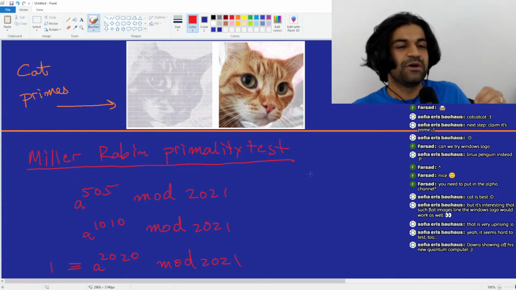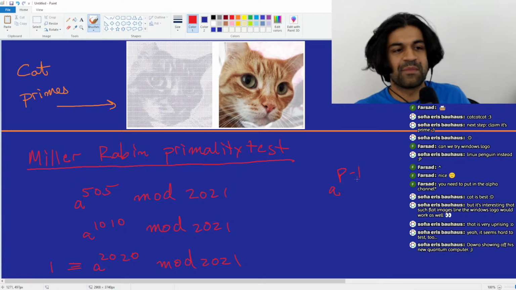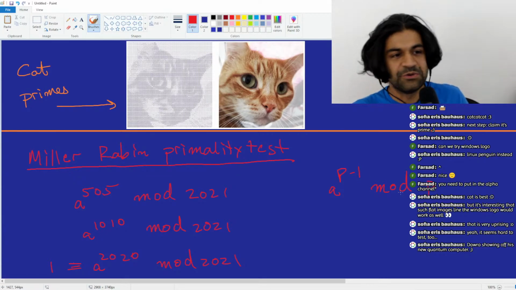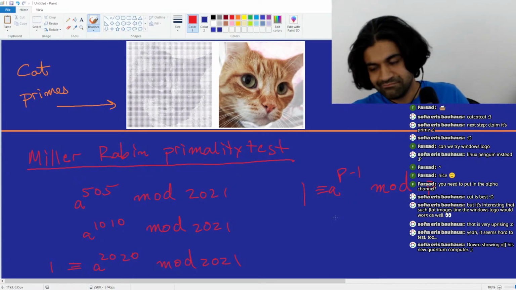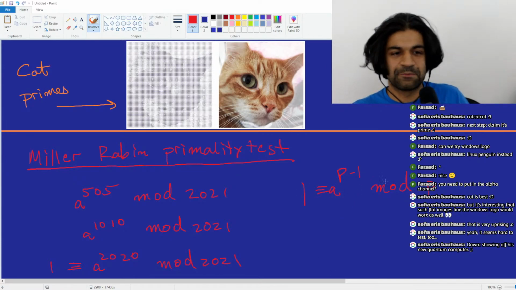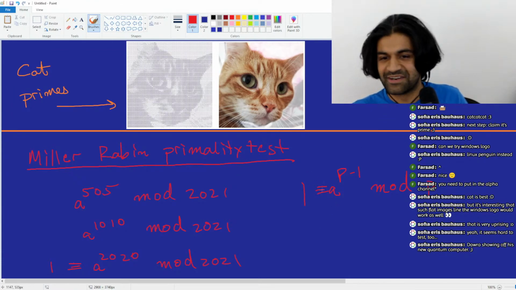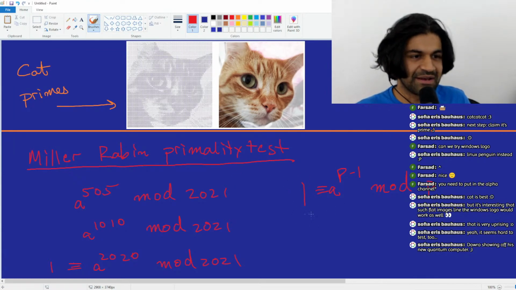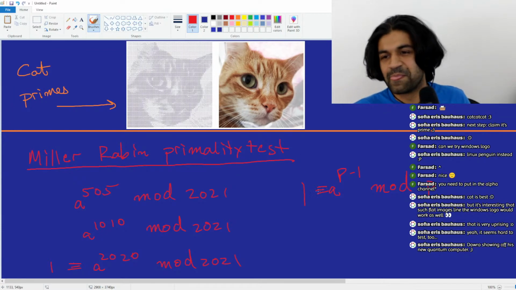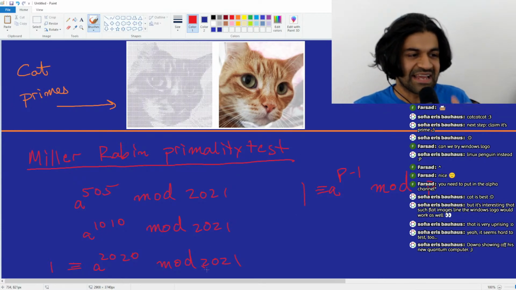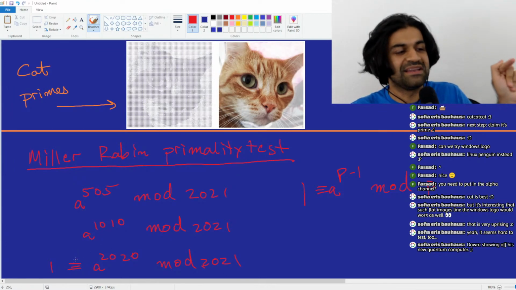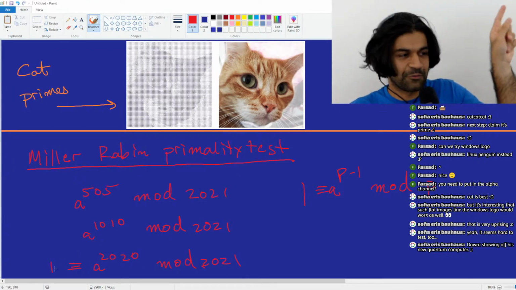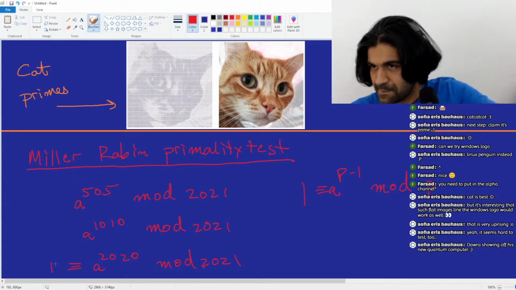But if you raise any number to a prime minus 1 modulo a prime, you always get 1. You need to know a small amount of number theory, but take it as a given from me that if 2021 were prime, then we would know immediately that A to the 2020 would have to be 1.